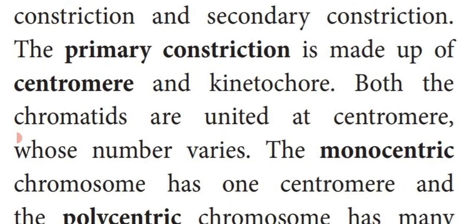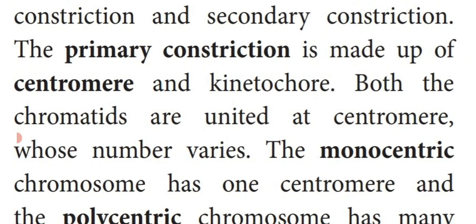The primary constriction is made up of a region known as the centromere and the kinetochore. The two chromatids present in each chromosome are connected by a central region known as the centromere.